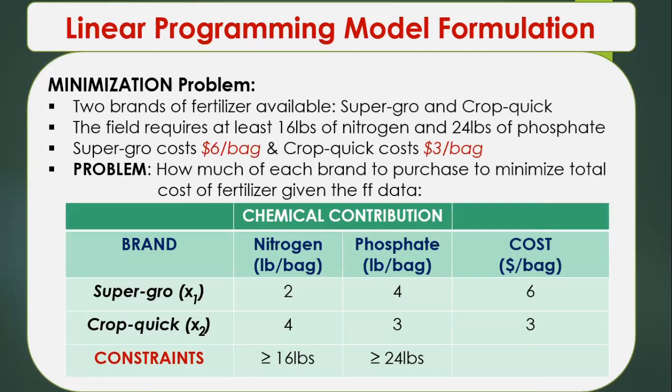Your Super-gro costs $6 per bag, and your Crop-quick costs $3 per bag. Super-gro is expressed in X sub 1, and Crop-quick is expressed in X sub 2.